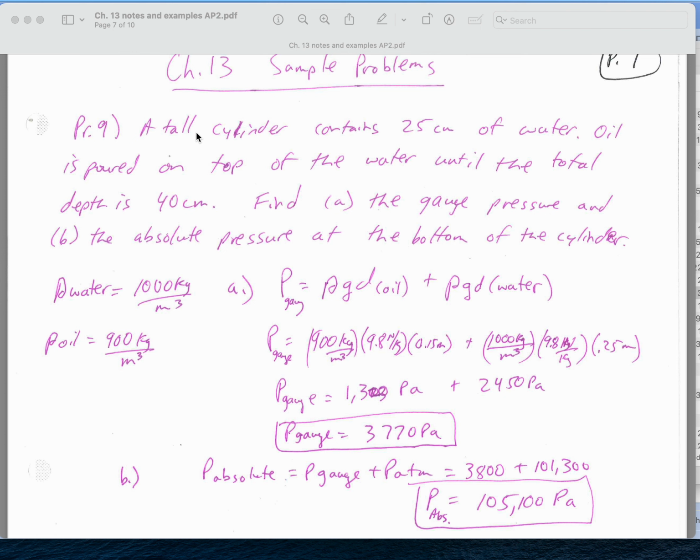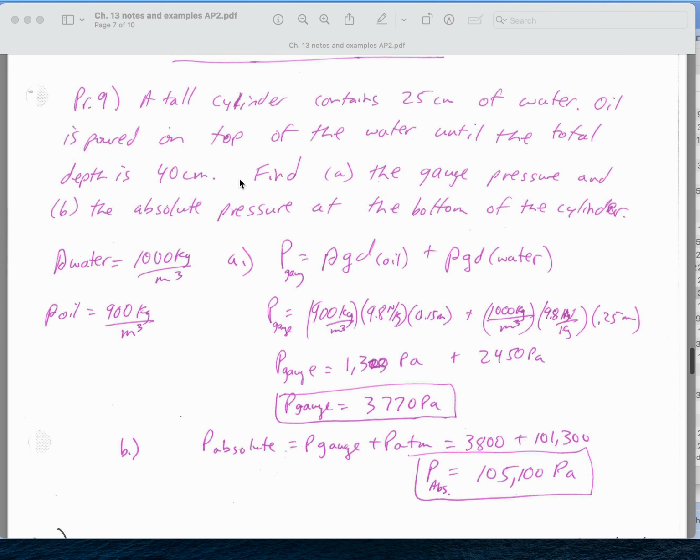The other part then is asking about the absolute pressure, which I asked. The book did not. Okay, so the gauge, pardon me, I'm getting over a cold here over break. Hopefully it'll be okay by the time we come back.